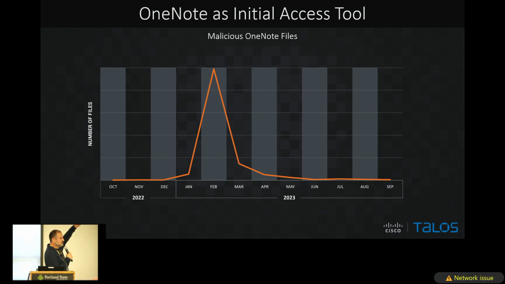And a huge crash after that because Microsoft decided to fix the issue for OneNote too. They had already done it for zip and ISO files before. When they did it for OneNote, you see that the threat actors stopped using it because it was not worth their time anymore. They were not getting the results that they expected from this.